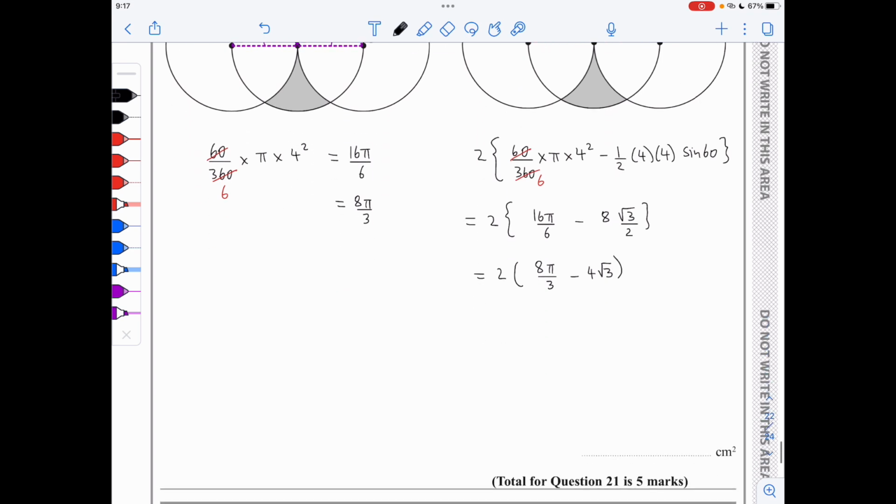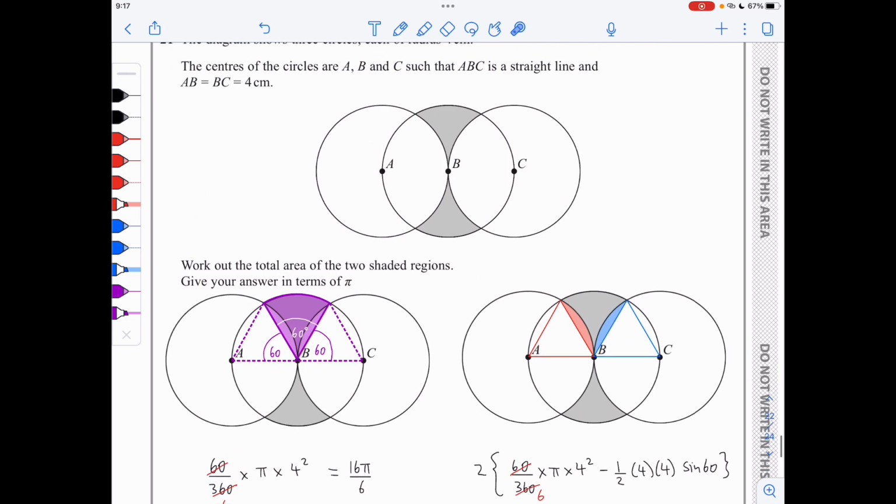And if we expand, we get 16 pi over 3 minus 8 root 3. So 8 pi over 3 that we found on the left minus 16 pi over 3 minus 8 root 3 will give me the top part here, this part here.